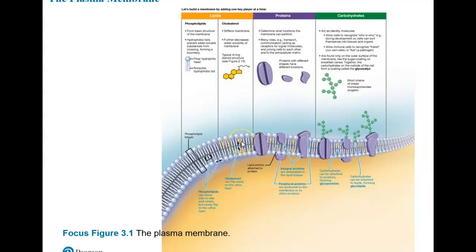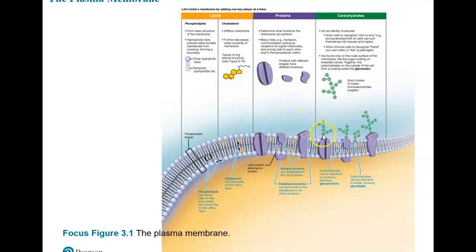Anything that's hydrophilic would not be able to cross the lipid bilayer because of components like the cholesterol, which prevent those hydrophilic molecules from crossing through. Then there are these proteins, which have a lot of diversity among them, because the proteins can be channels that allow things to go from the outside of the cell into the cell, or vice versa, things from inside of the cell to leave the cell.